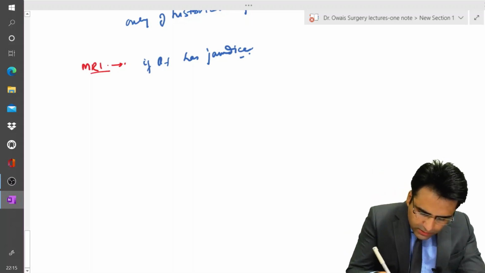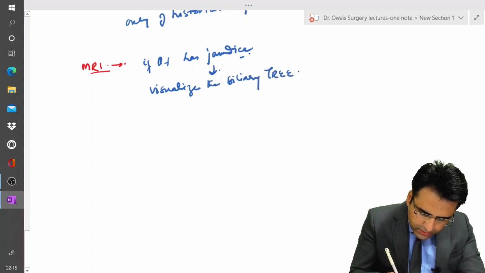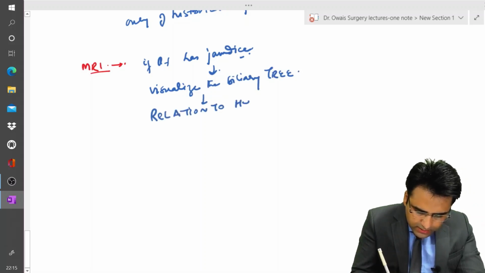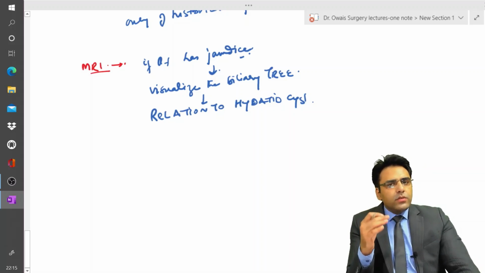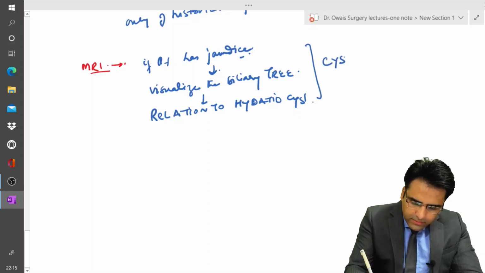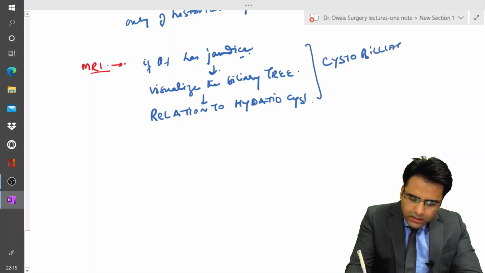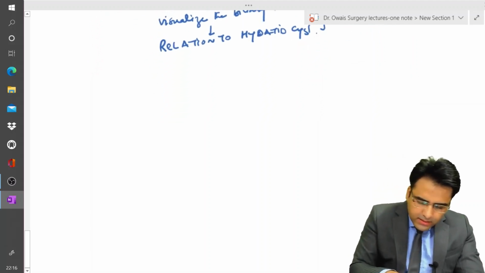So if the patient has jaundice, in order to visualize the biliary tree and find out its relation to the hydatid cyst. So we can say that MRI is used to see for any cystobiliary communication. So to see any cystobiliary communication, we have to go for MRI. Clear?